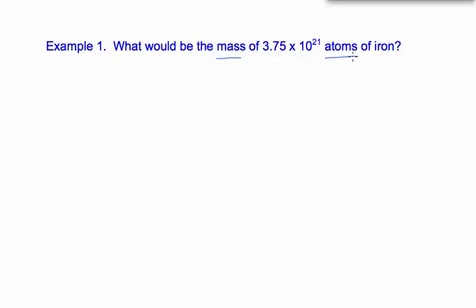two units. So we know, because atoms is a representative particle, that we're going to have to use 1 mole of iron equals 6.02 times 10 to the 23rd atoms of iron.